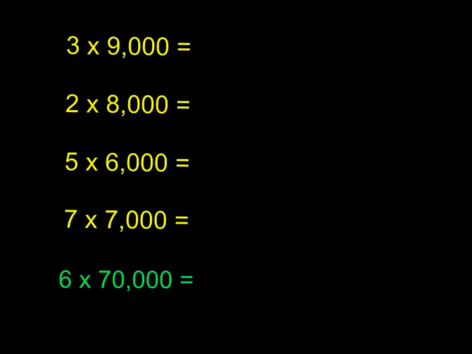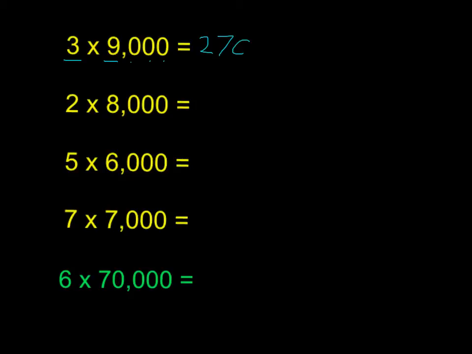On our next one here, we're moving into our thousands, as you can see. So we have 3 times 9,000. 3 and 9 are the digits. Well, 3 times 9 is going to be 27. And then because I have thousands, I have 3 zeros here.